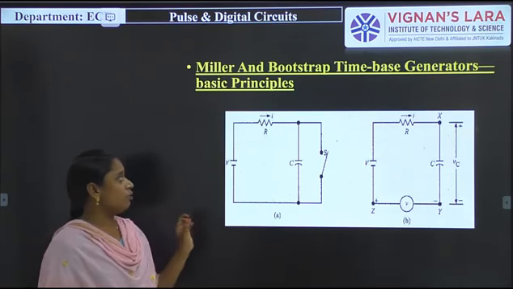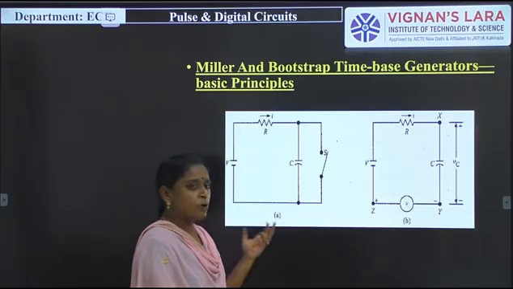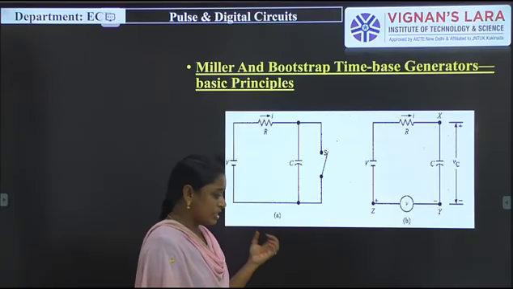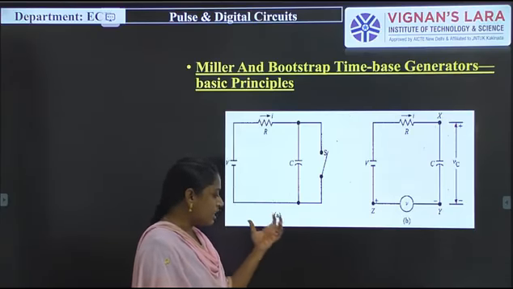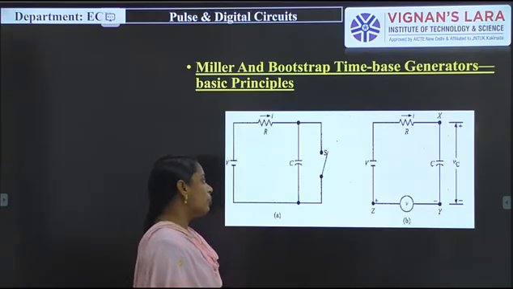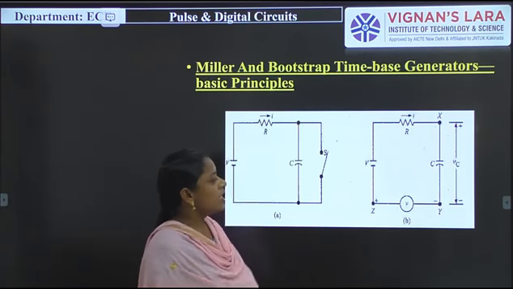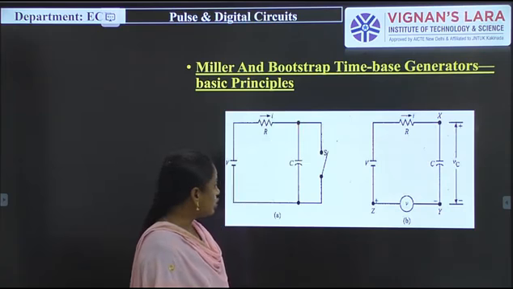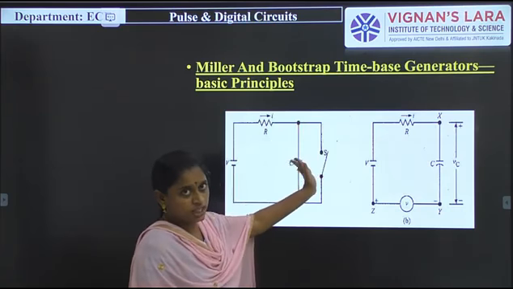First of all we have to take the exponentially charging circuit. Here the output is taken across this switch. In the initial condition we assume that this switch is in closed condition.